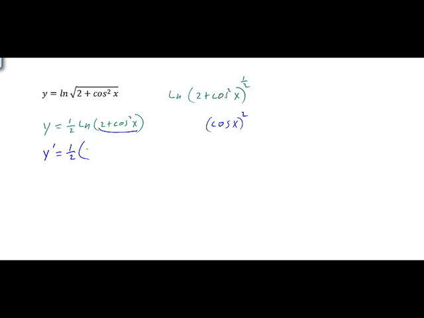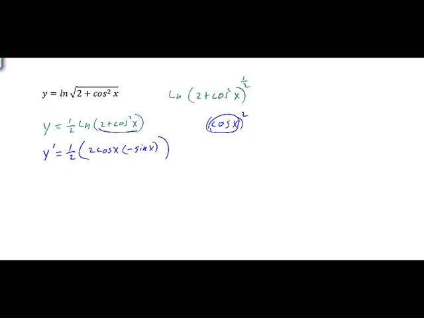So we're going to pull the 2 out front. The power comes out front, so that's going to give us 2 cosine x, and the power goes down to a 1. Now we have to take the derivative of the inside part. We need to take the derivative of the cosine function, and the derivative of cosine is negative sine x.